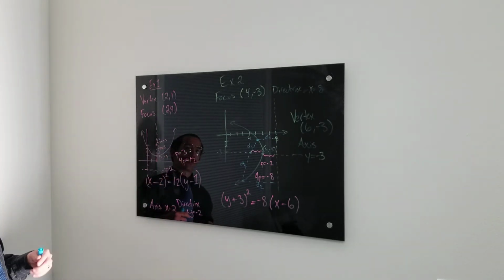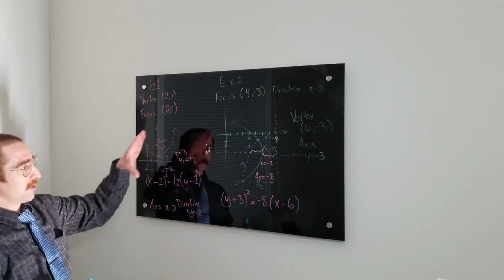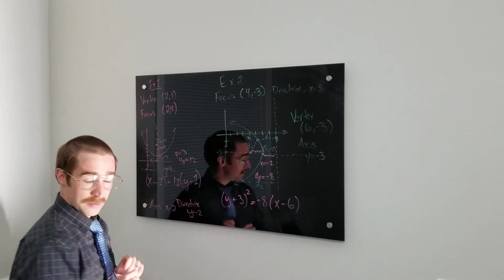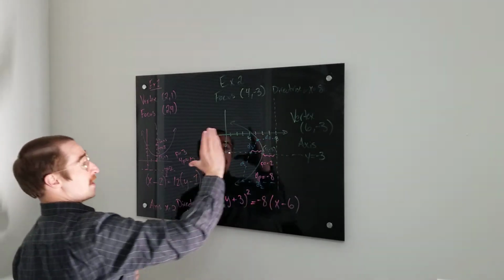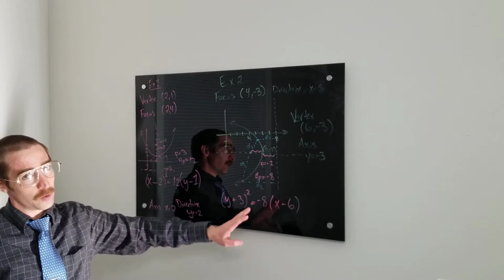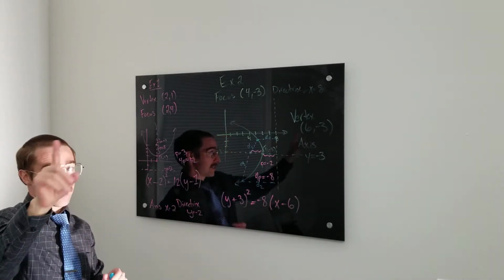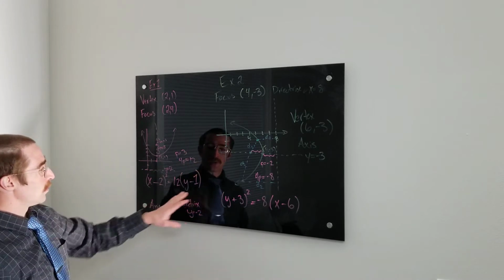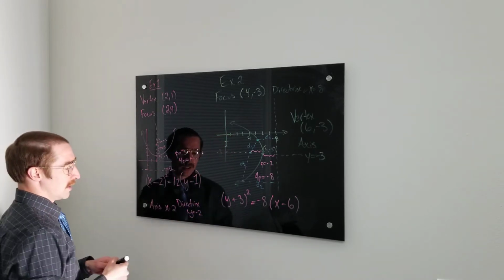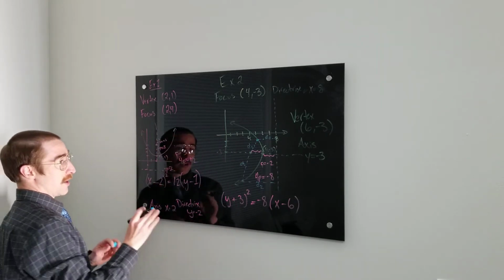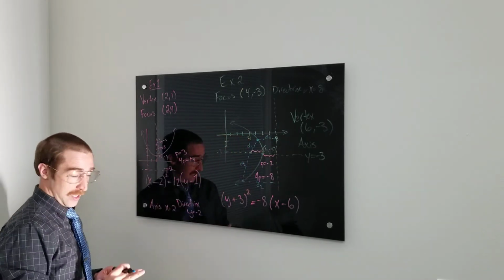And if the graph is going up or if it's going to the right, the p-value or the 4p is positive. If the graph is going to the left or the graph is going down, the p-value will be negative, so the 4p will be negative. Lastly, when you're writing your equation, if it's up or down, the x is squared, and if it's left or right, the y is squared.